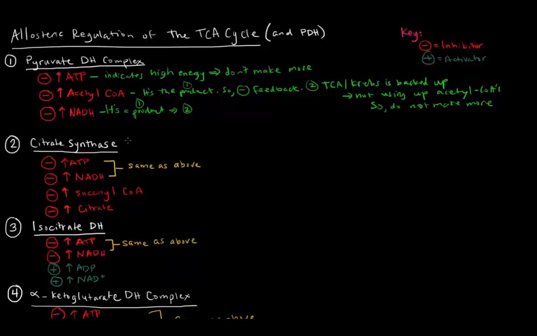If they're not being reoxidized back into NAD+, that probably means that the electron transport chain, abbreviated as ETC, is backed up. So you don't want to make more if you can't reoxidize them.